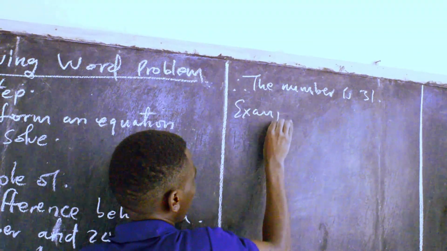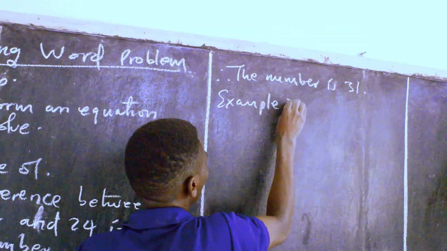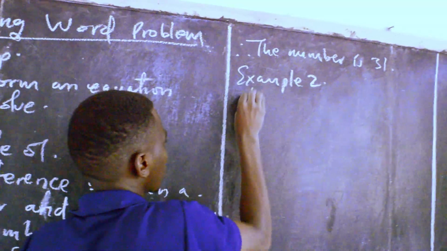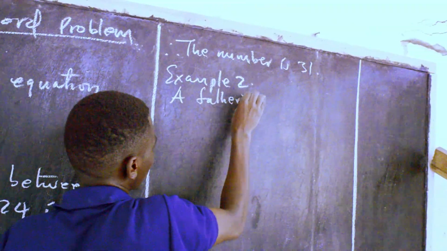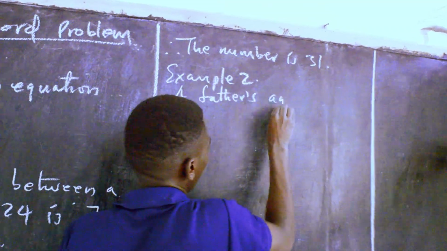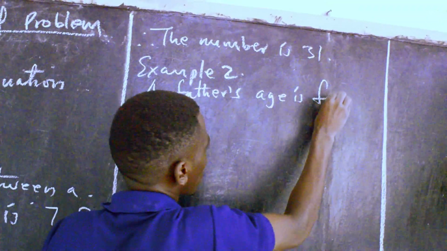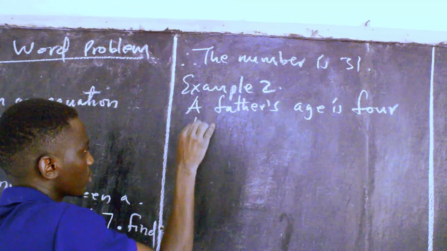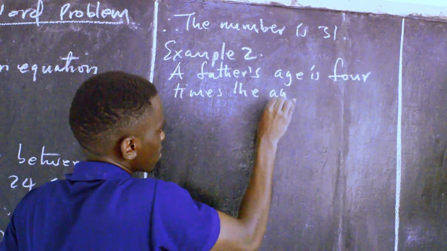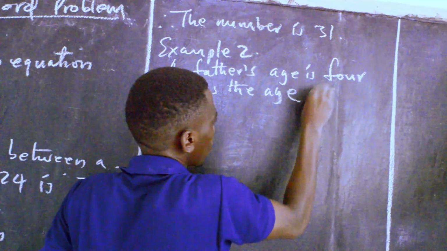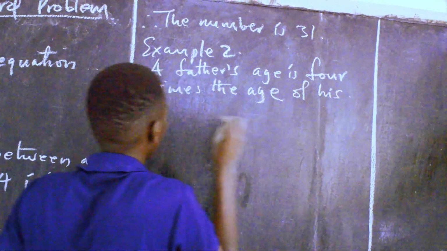Example 2. A father's age is 4 times the age of his son.